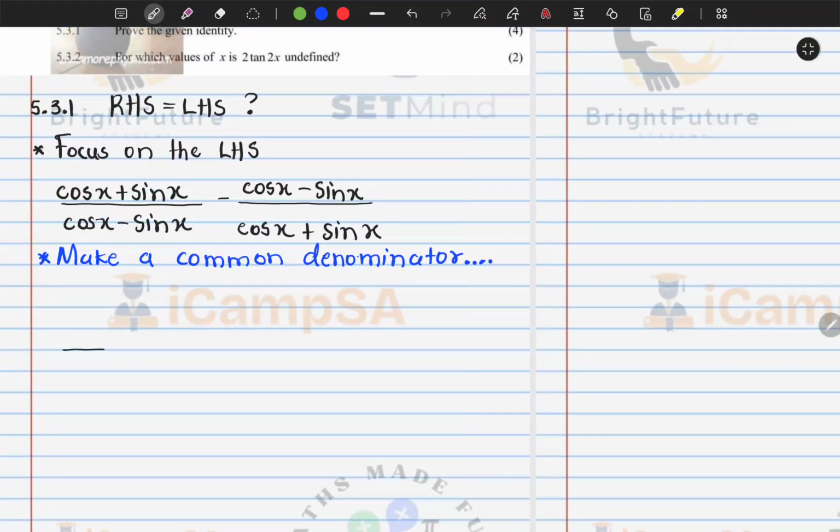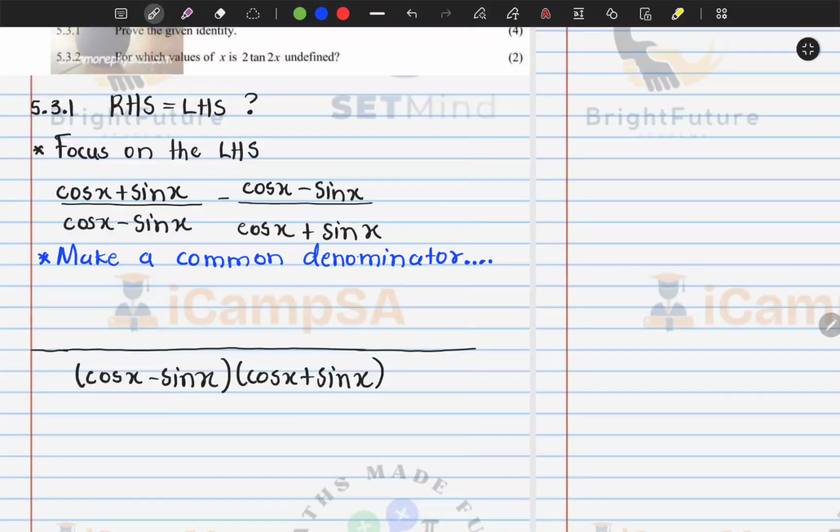So if we go ahead and make a common denominator, you'll see we just need to multiply the two. So we'll have cos of x minus sine of x multiplied by cos of x plus sine of x. Okay. And then you will see on the numerator, what you're going to have is cos of x plus sine of x. It will multiply by this here, which is just the same thing.